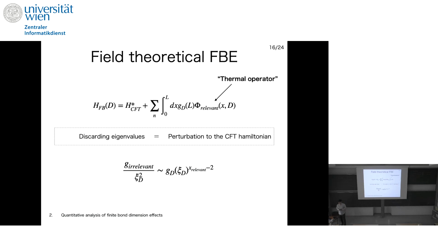By thermal operator, I mean the most relevant operator that respects the symmetry of the Hamiltonian. And by collapsing, we can see this finite bond dimension effect quantitatively. You can predict this. So by subtracting this, you can erase the finite bond dimension effect from the TNR.